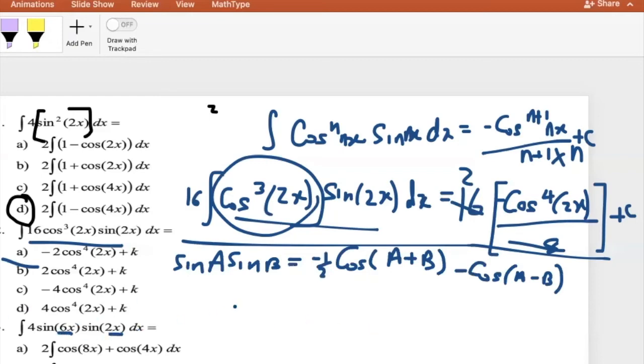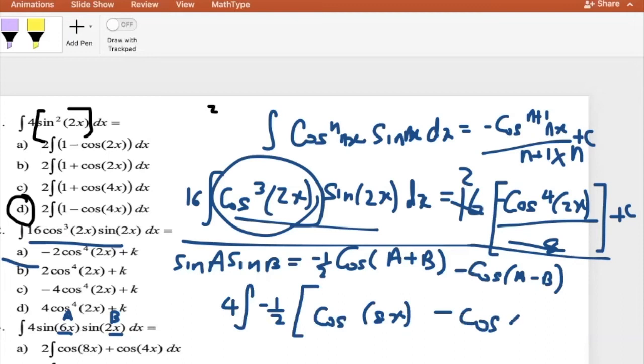The 4 is on the outside, so I'll have the integral of minus a half, then cos. We will add A plus B, so 6x plus 2x, that's 8x. And then A minus B, so 6x minus 2x, that's 4x. So I'll have cos 4x dx.